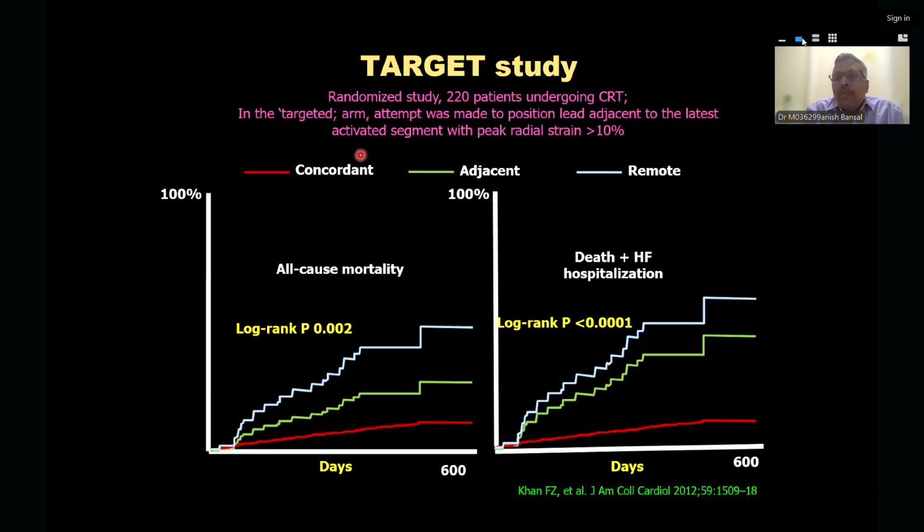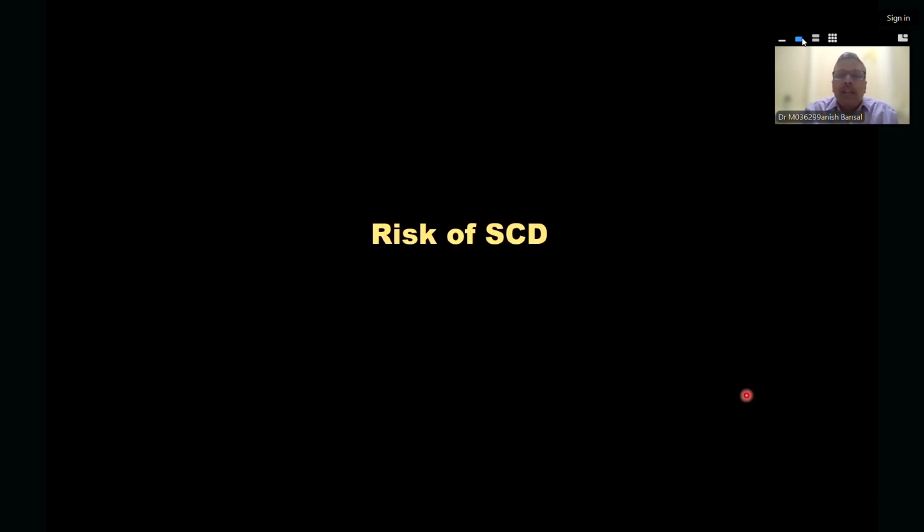Now, obviously, it was not always possible to position the lead at the desired site, but it was found that when the lead could be placed next to the target segment, the event rates were lowest. And by event rates, I'm talking about all-cause mortality also, a very hard endpoint, and death plus heart failure hospitalization, both were significantly reduced if the lead could be positioned close to the site of latest activation without scarring.